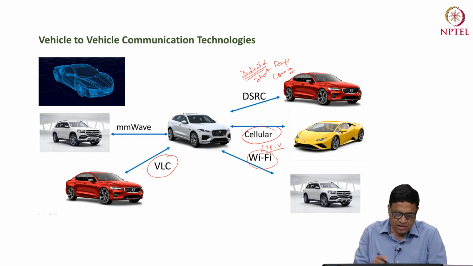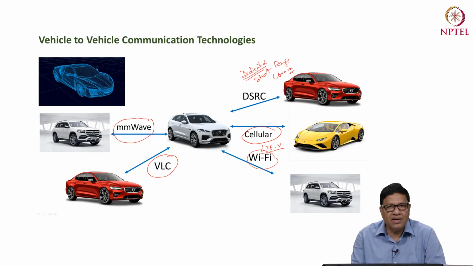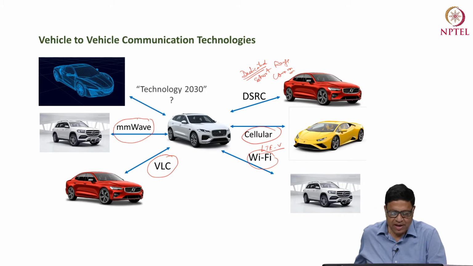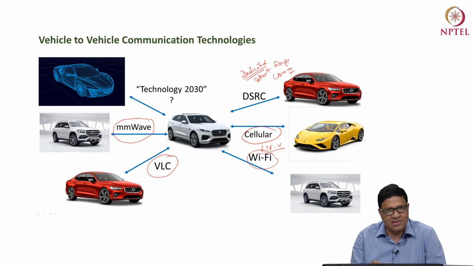The other option is millimeter wave, which is not currently explored much. And in future, there can be some other technology where you have a lot of sensors around the vehicle. So we don't know about this technology. So there can be more options later.